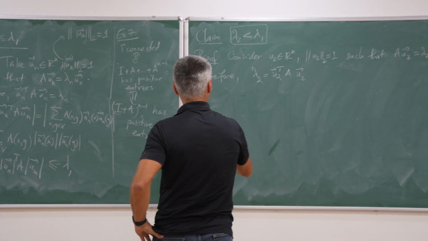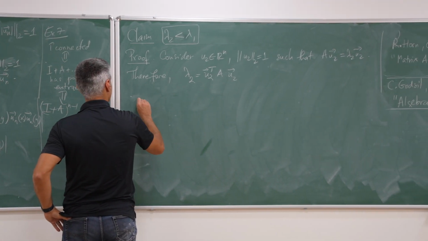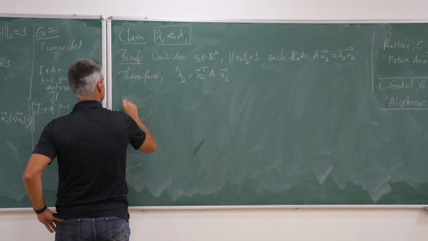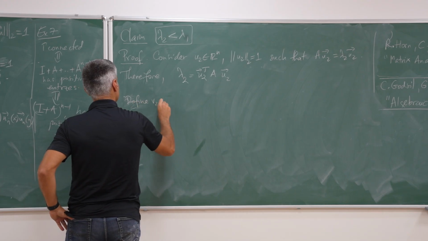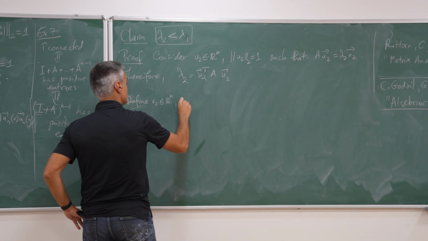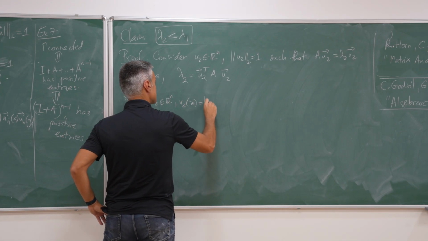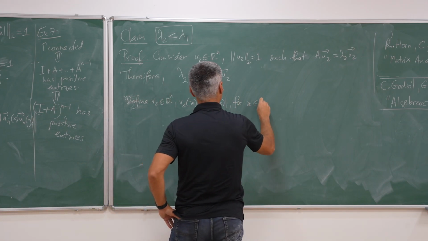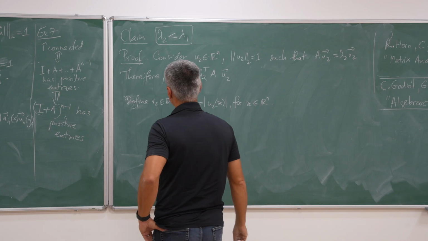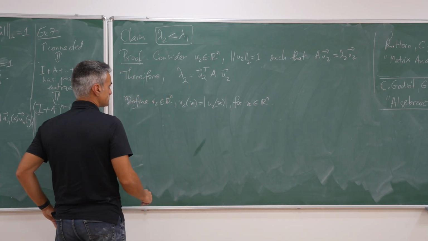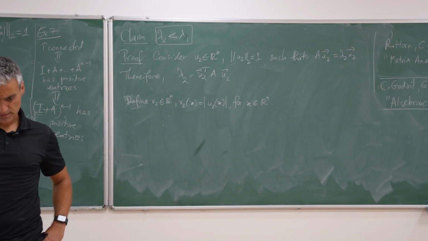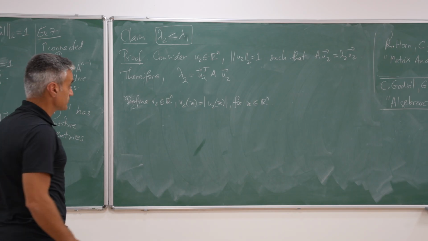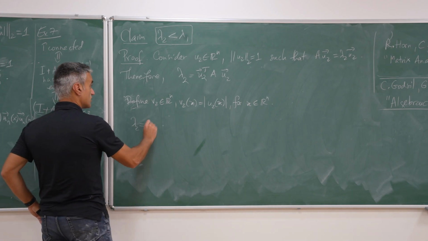Yeah, so I'll take again v2. So define v2 in R^n by v2(x) equals the absolute value of u2(x) for x in R^n. And then, okay, so we'll do this. Lambda 2 is this.